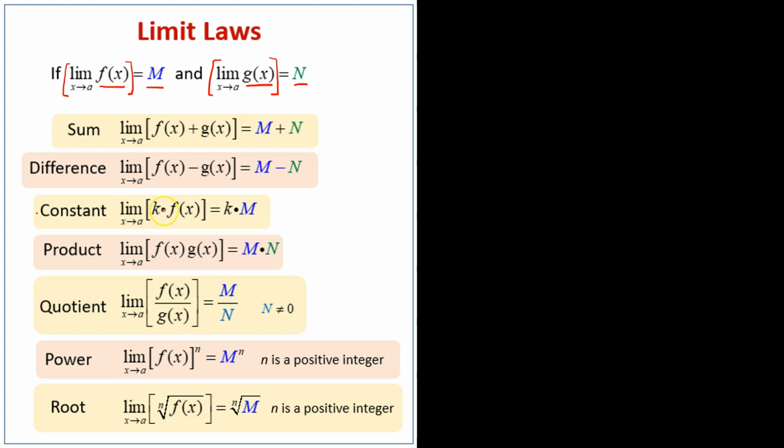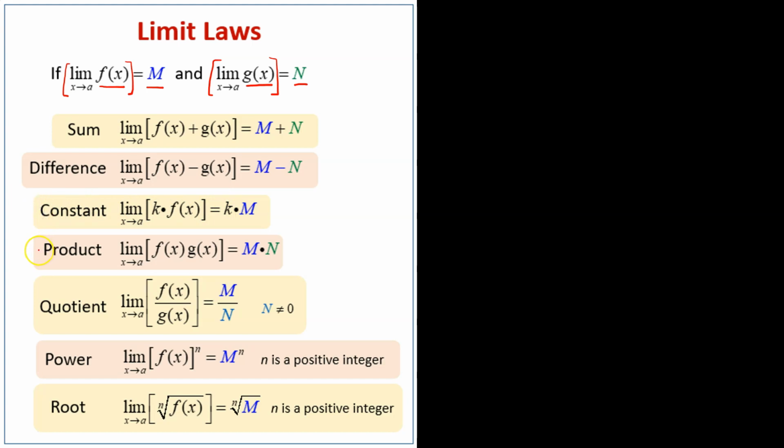This dot between the k and the f represents multiplication. So this law is telling us that if I have a function and it's being multiplied by a number and I want to take the limit of that product, well, I could just multiply the limit of f by that constant k. So I can factor constants out. And again, I'll show you how to use that in this video.